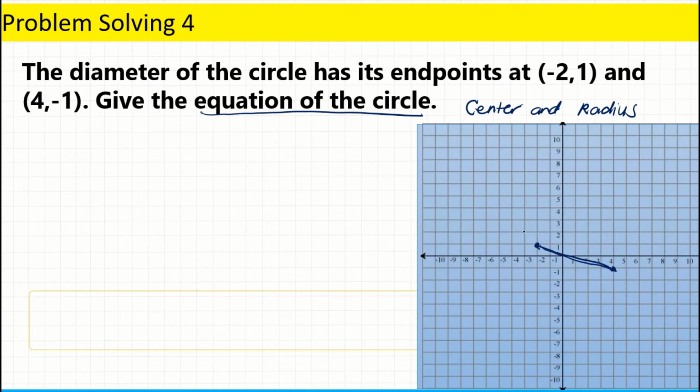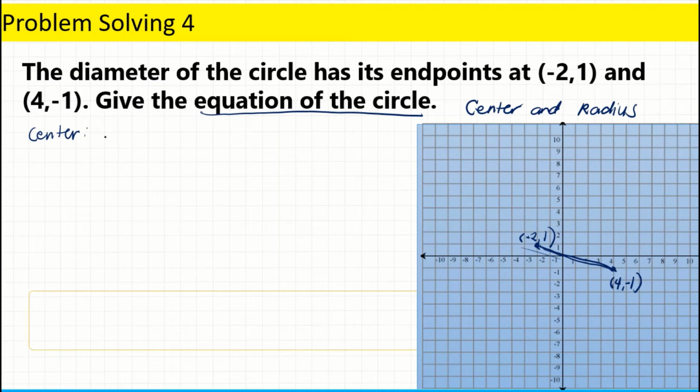Okay? So, ito negative 2, 1, and dito naman is 4, negative 1. Okay? So, to get the center and the radius, yung center muna tayo. Okay? Center. Since kukunin natin yung nasa gitna ng diameter natin para makuha ang center, which is yung point na yun ay center na rin ng circle, gagamitin natin yung formula na midpoint formula.